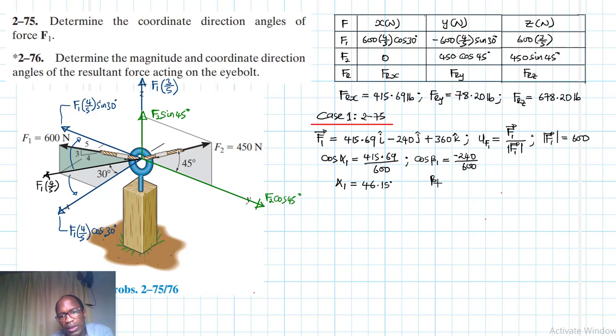Then beta 1 is just going to be equal to cos inverse of minus 240 divided by 600, we get 113.58.